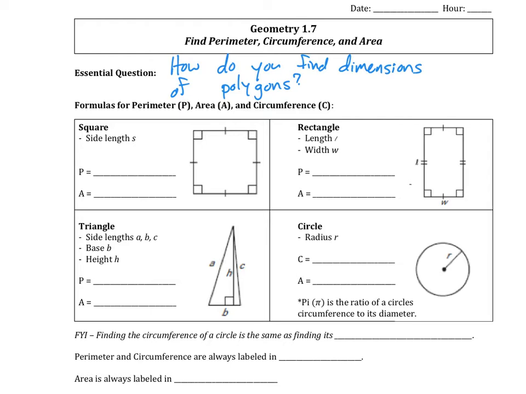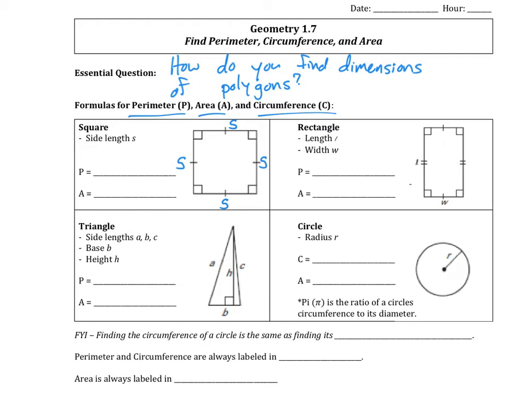First of all, we call perimeter P, we call area A, and we call circumference C. So in a square, let's say we call each side S. What makes a square is that all the sides are the same. So each side is S units long. S could be any number.